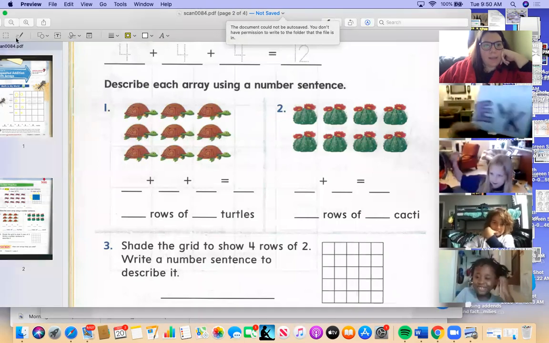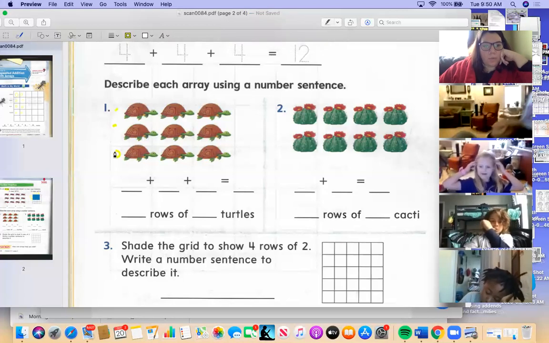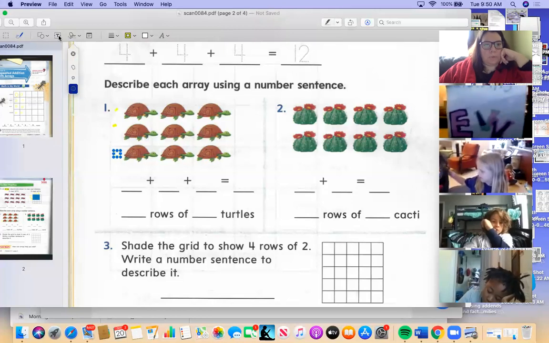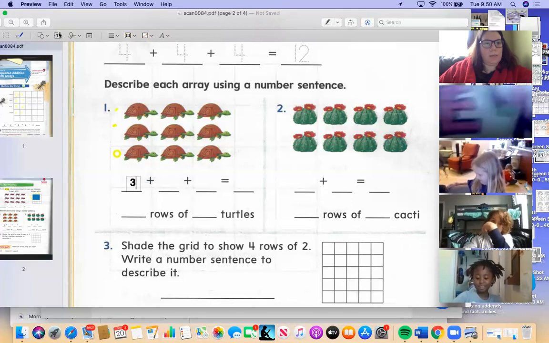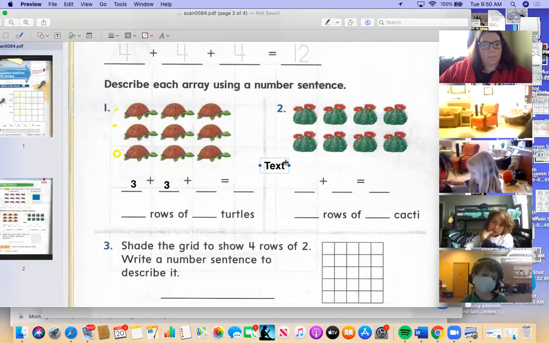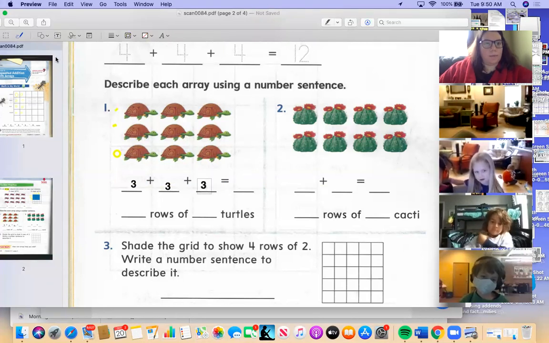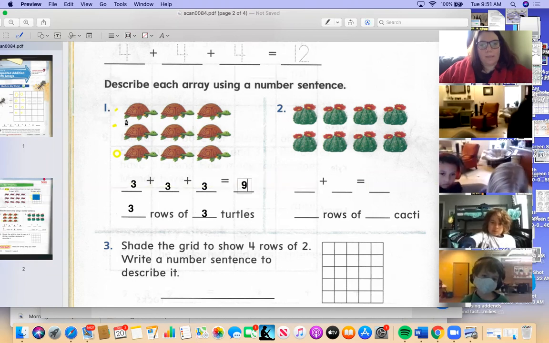We see that there are 1, 2, 3 rows of 3 turtles, which is our repeated addition of 3 plus 3 plus 3 equals 9. 3 rows of 3 turtles equal 9 turtles. Next answer is 8.